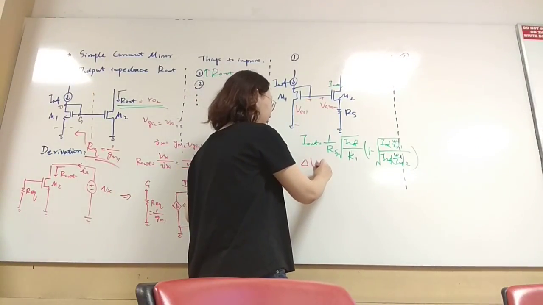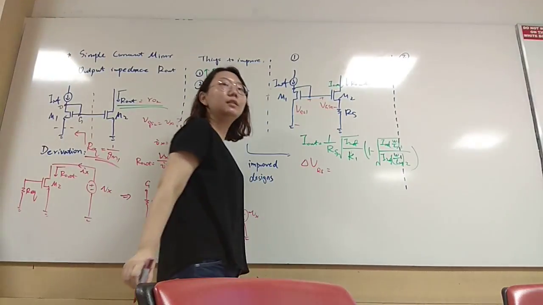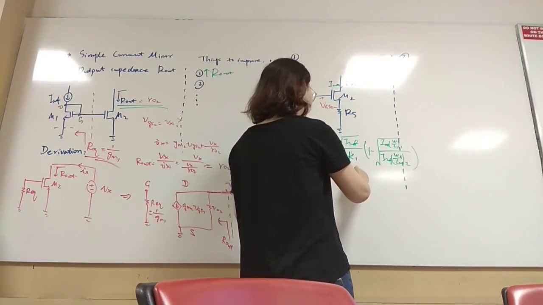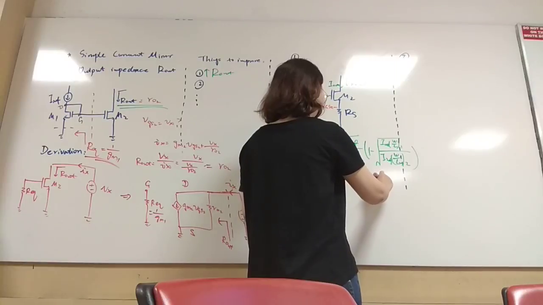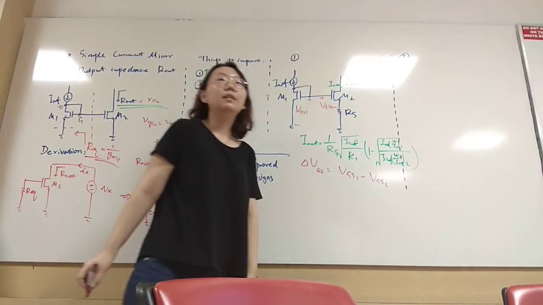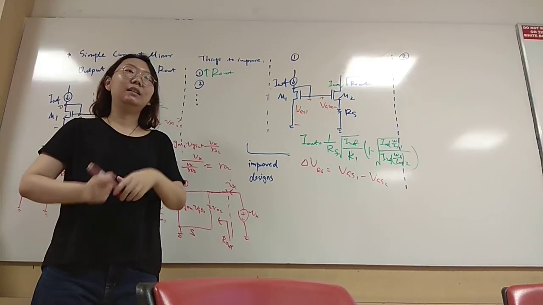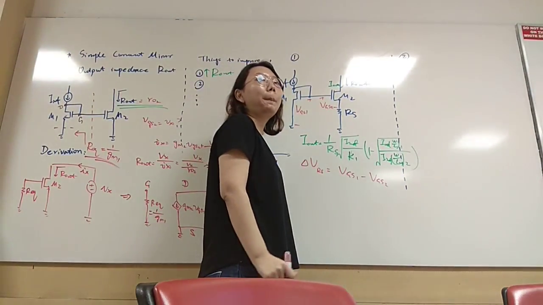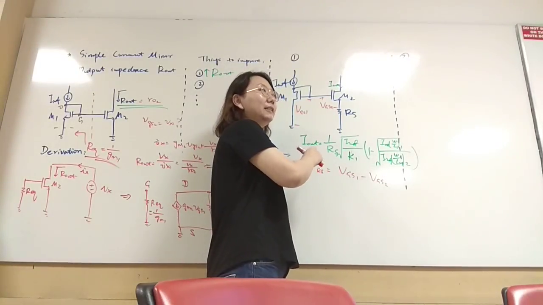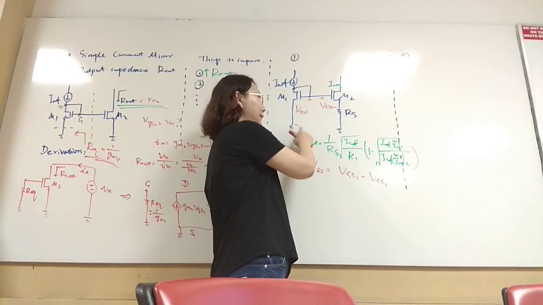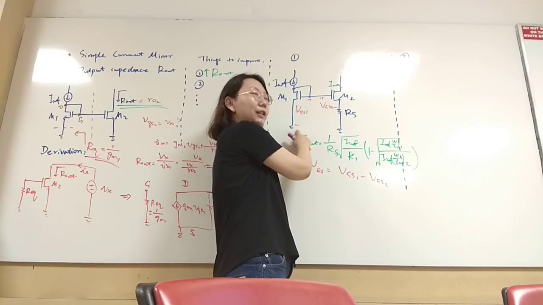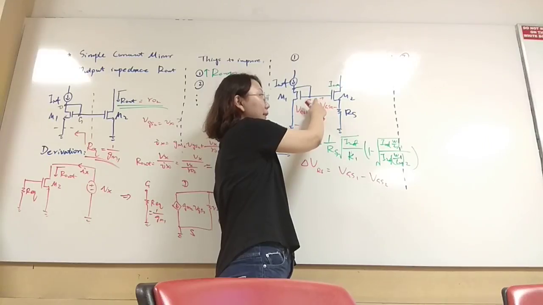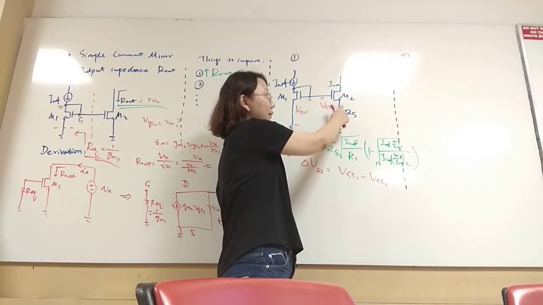So what's the voltage drop across this resistor? Delta V across RS equals VGS1 minus VGS2. Why? Because VGS2 plus that voltage equals VGS1. It's like you are climbing a staircase. You start from the base level, climb one VGS up to this point, then you climb down one VGS to this point.